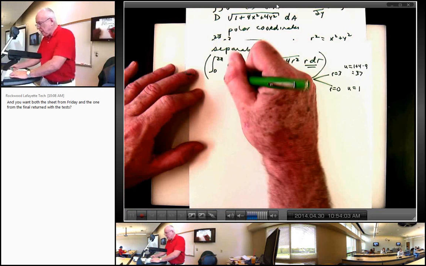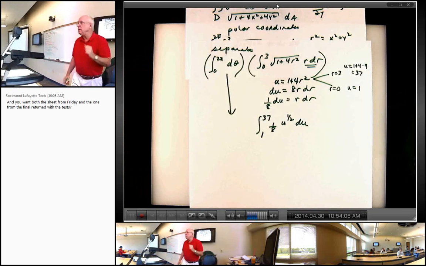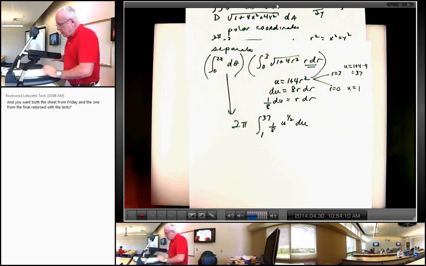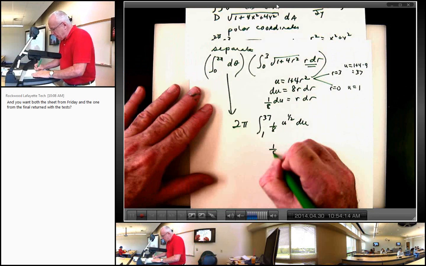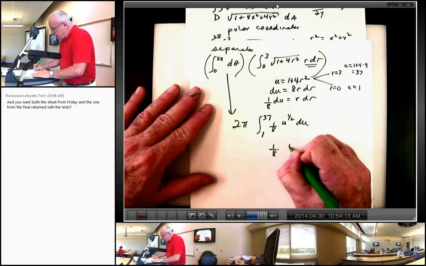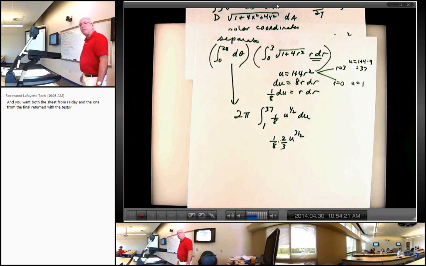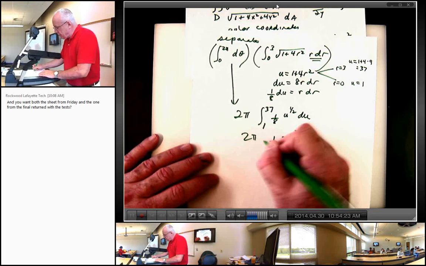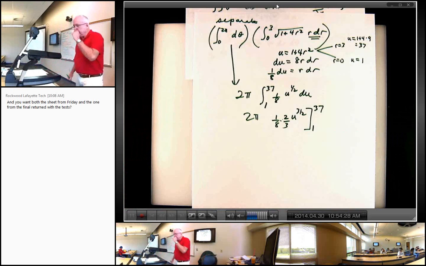Then what does the first integral evaluate to without going any further? That's just 2 pi. And then this one is going to be 1/8 times u to the 3/2 power, but we're multiplying by the reciprocal 2/3. We have 2 pi in front, and then we evaluate from 1 to 37.